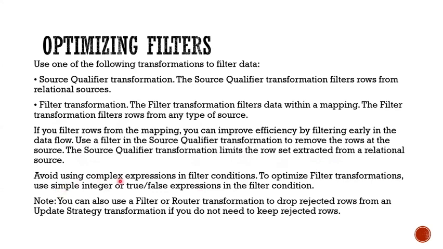Next point is to avoid using complex expressions in the filter condition to optimize the filter transformation. Use simple integer or true/false. Why? Because if you write complex logic, it has to try to understand it and then process data, and your mapping will go slow and start a bottleneck.